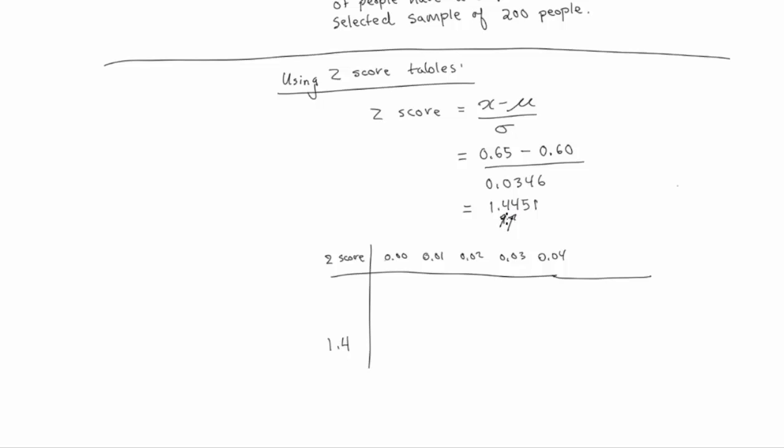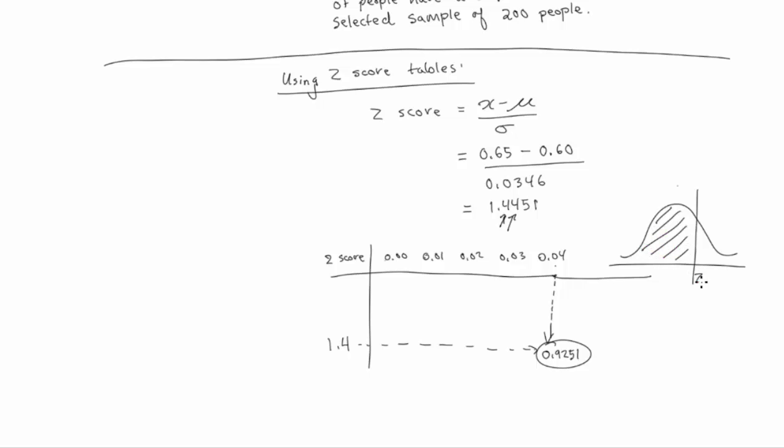The tables are only accurate to the hundredths decimal place. So we find the area under the curve which corresponds to 1.44, which is this value here, which ends up being in our table 0.9251. Now remember, in our tables, we are actually calculating the area to the left of the Z-score.